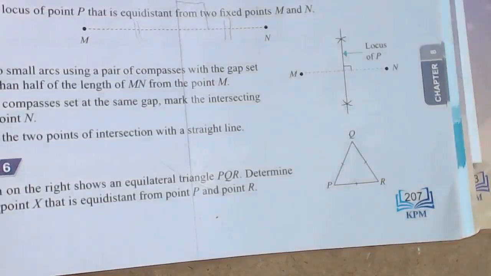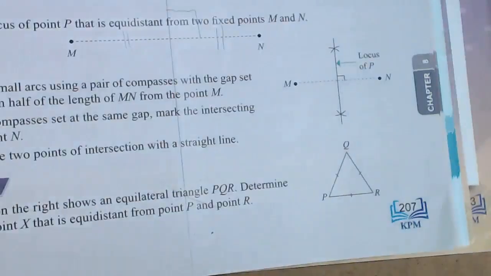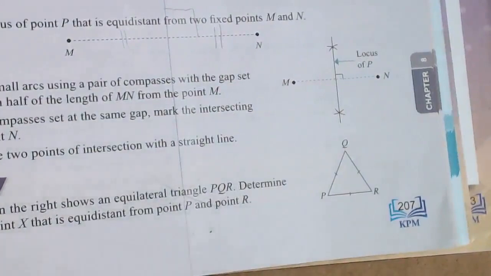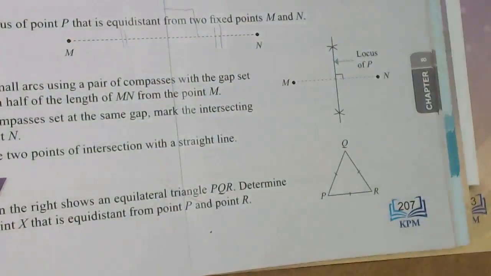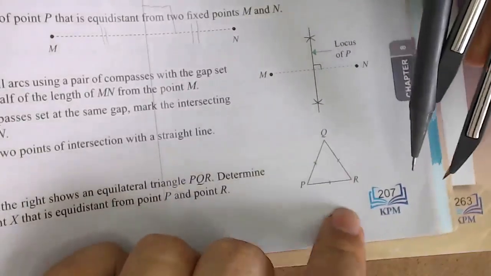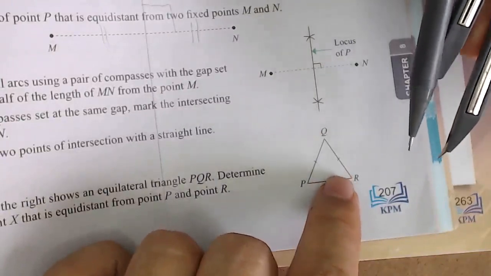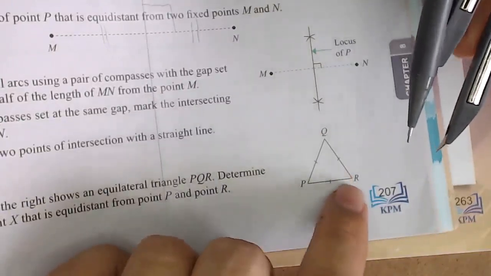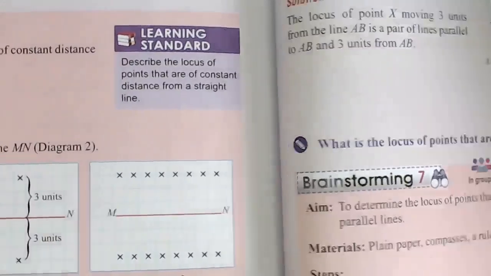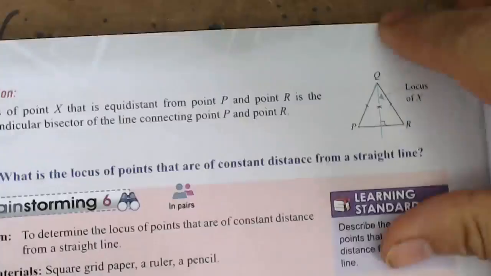And the idea is to use a compass. Where is my compass? Okay. Use this compass to find the perpendicular bisector between P and R. Okay, so here it is.